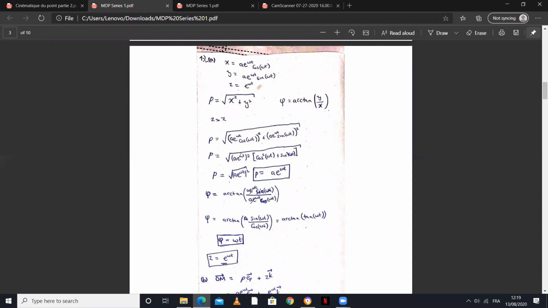I factored the A exponential omega t au carré, and I had left the cosinus carré omega t plus sinus carré omega t. From trigonometry, we know that this is equal to 1. So what's left is A exponential omega t au carré. Then the carré and the racine carré will simplify, and we'll just be left with A exponential omega t as our rho. So rho is equal to A exponential omega t. Is that one clear?